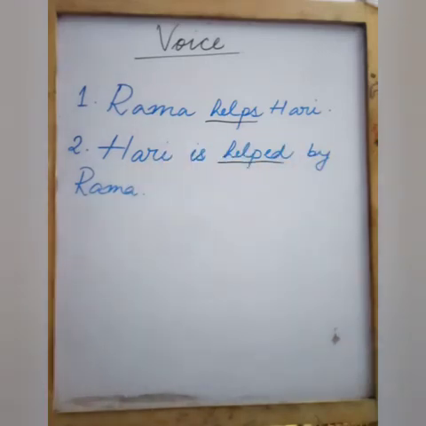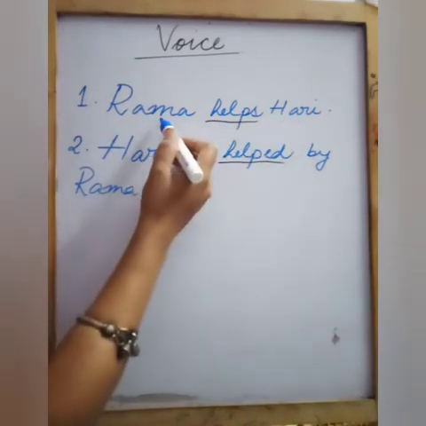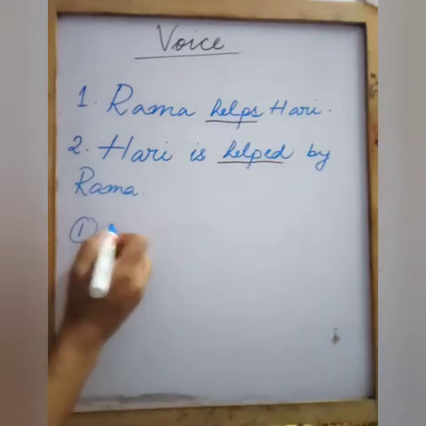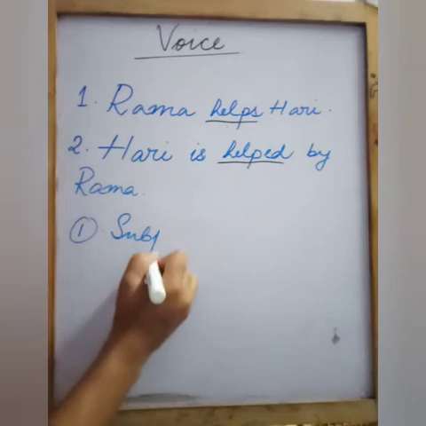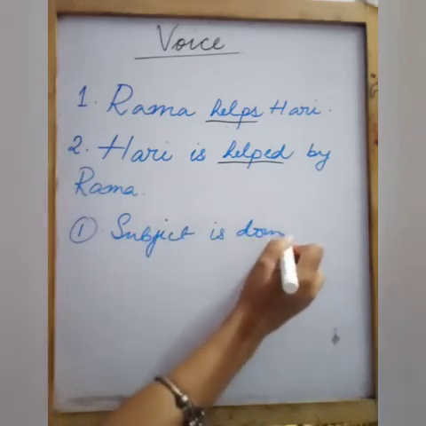What we are doing is, in the first sentence, see, here we are saying that the subject is doing something, isn't it? We are saying that the subject helps Hari. Rama is the subject. Rama helps Hari. So here in the first sentence, the subject is doing the action, isn't it?